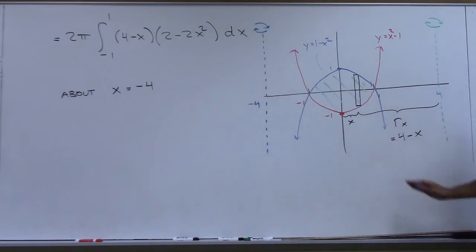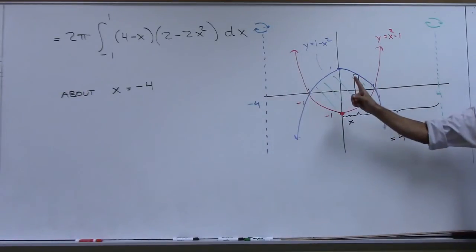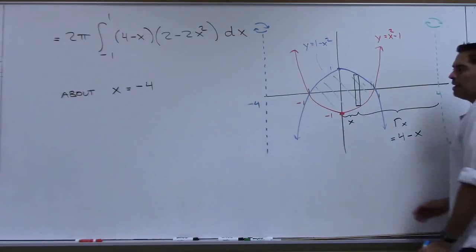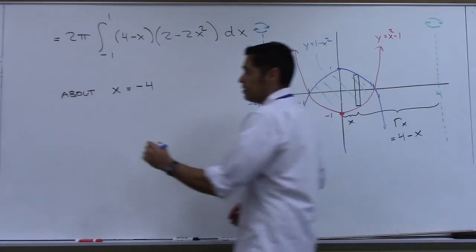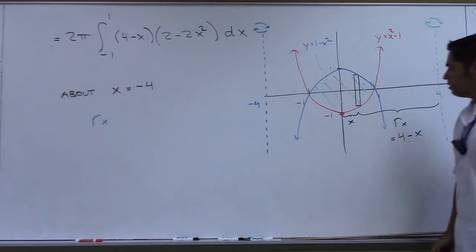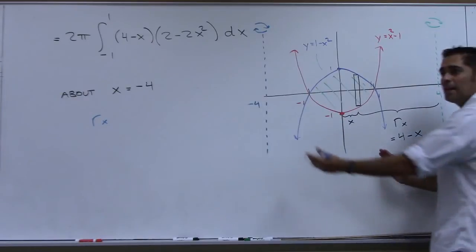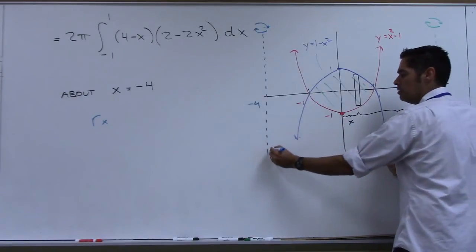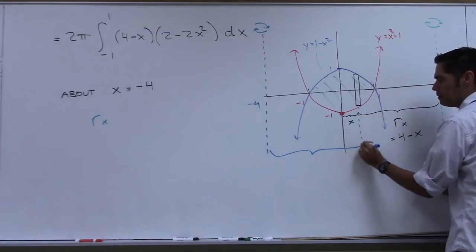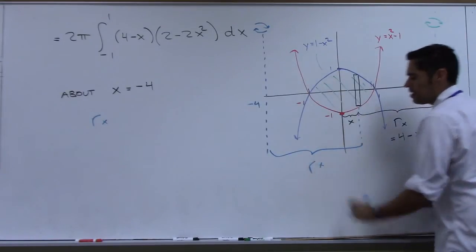So different problem, same rectangle wrapped around. The only thing we really need is the R of x, right? That's the only thing in the problem that's going to change. So the distance from the axis of rotation to the rectangle, this time would be what?